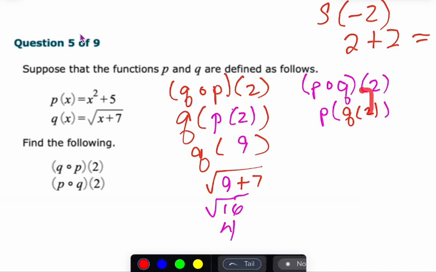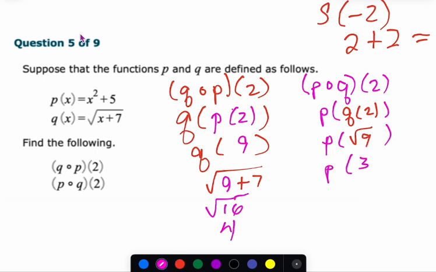Because now we put 2 into the Q function, get that answer, plug it into the P. If we plug 2 into the Q function, it's going to go right here. The square root of 2 plus 7 is the square root of 9, or 3.